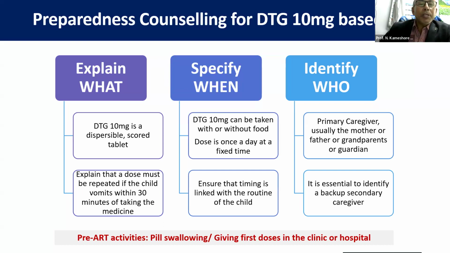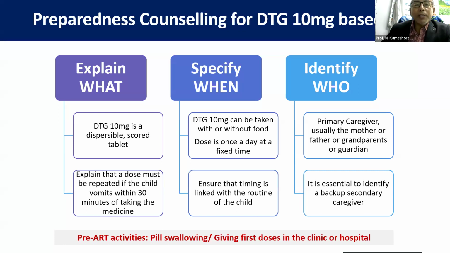DTG 10 milligram is a dispersible tablet, and we have to explain that a dose must be repeated if the child vomits within 30 minutes of taking the medicine. This is usual for children while giving medications. And when to be given? DTG 10 milligram can be taken with or without food.